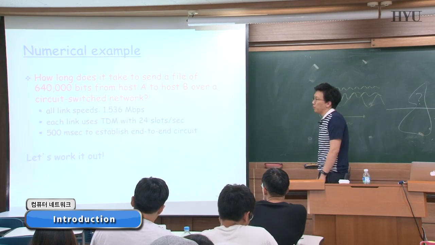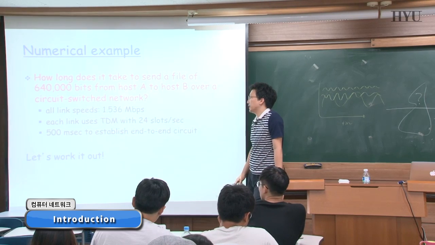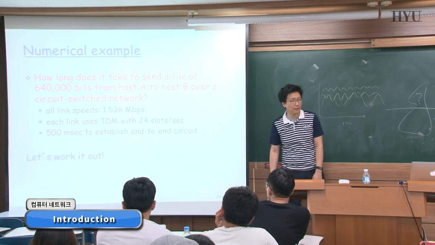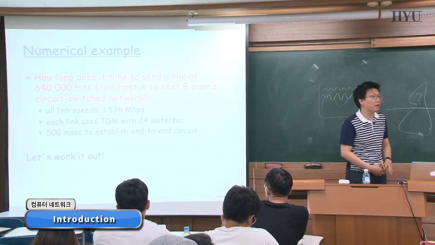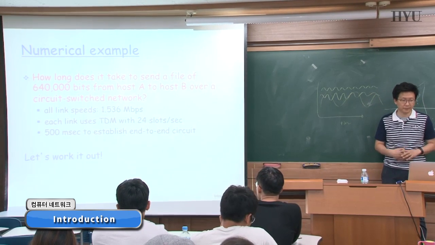All link speed is 1.536 megabits per second. Each link uses TDM with 24 slots per second. And there are 500 milliseconds for call setup.